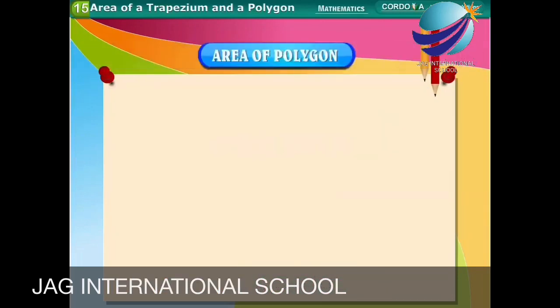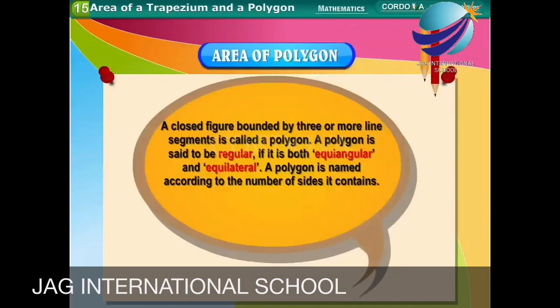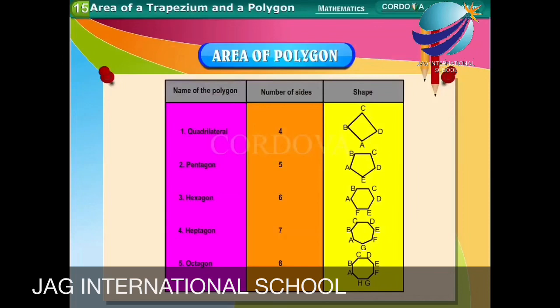Area of a polygon. A closed figure bounded by 3 or more line segments is called a polygon. A polygon is said to be regular if it is both equiangular and equilateral. A polygon is named according to the number of sides it contains. Name of the polygon: number of sides, shape. Quadrilateral: 4, ABCD.